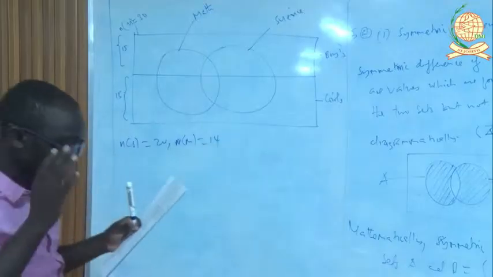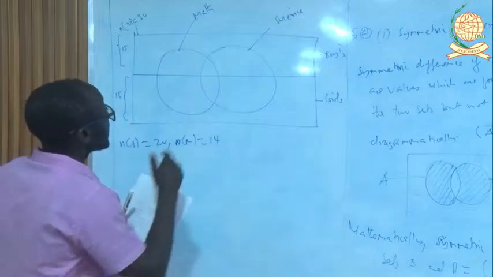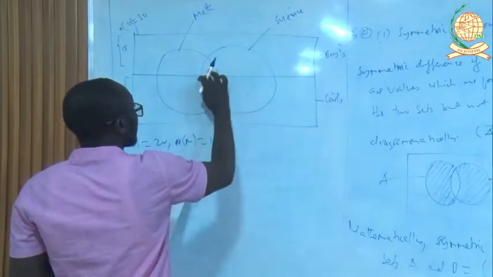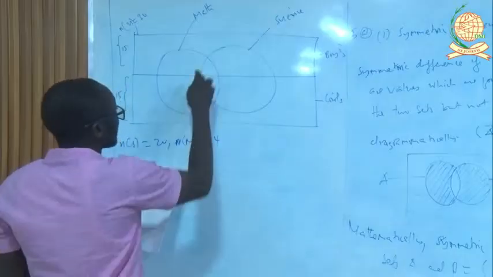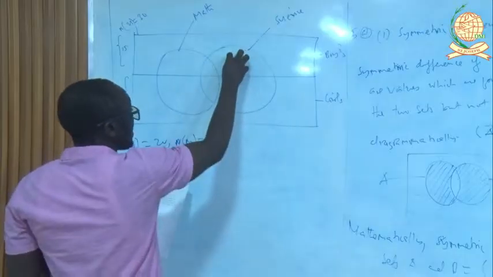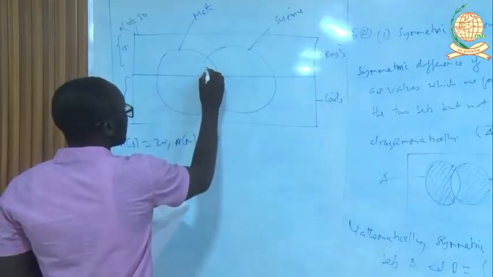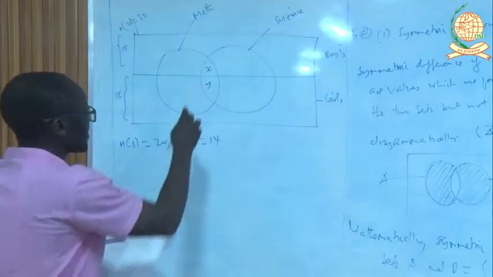But the question says 10 of the boys take science. So we have a particular number of boys, because the boys are this upper part, and they are taking science. But you have to know, you have the intersection, so you don't have to bother writing 10 here directly, because you don't know what the information is here. So you can name this X and this Y, the intersection, because you don't know much about the intersection.